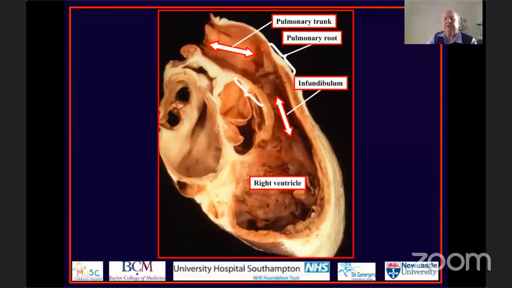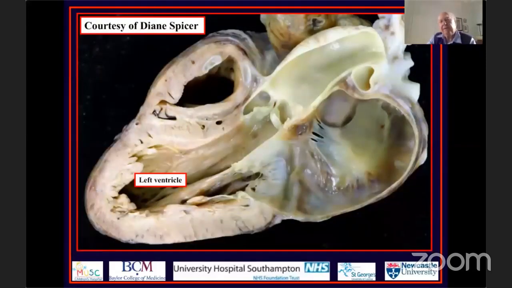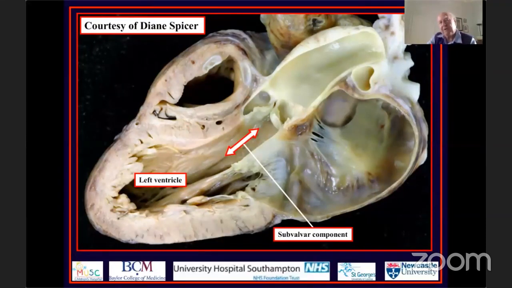If we then look at the outflow tract of the left ventricle, we can describe that in exactly the same fashion. So there is a subvalvular compartment, not nearly as long as the infundibulum of the right ventricle, because posterior-inferiorly in the left ventricle, we find fibrous continuity between the leaflets of the aortic and mitral valves.